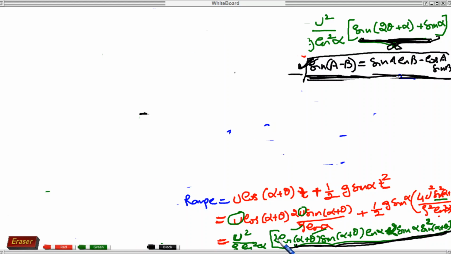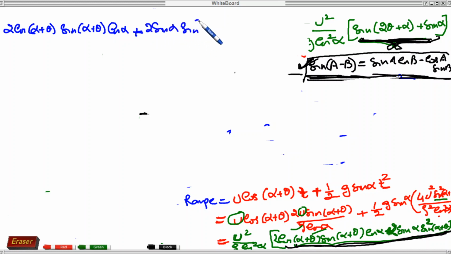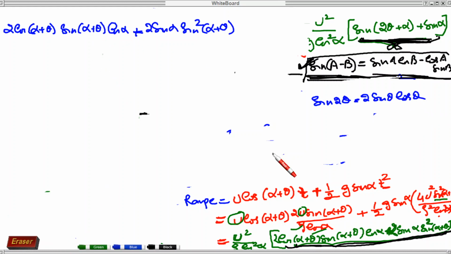What was our equation? That was 2 cos alpha plus theta sine alpha plus theta cos alpha plus 2 sine alpha sine square alpha plus theta. This is our equation. What I told you, sine 2 theta is equal to 2 sine theta cos theta, so this will be implemented here.